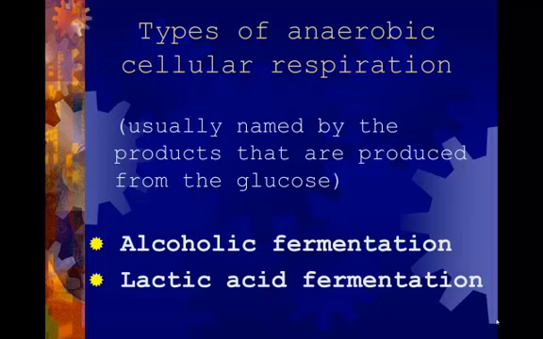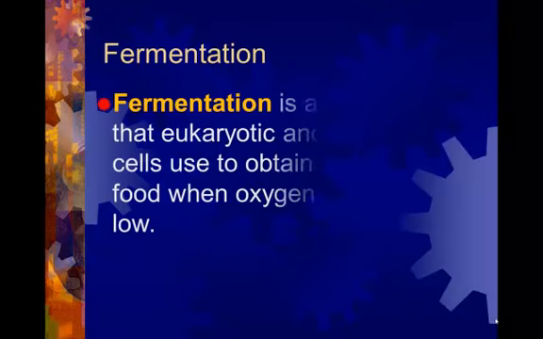That's what it means. So there are two kinds because it depends on the organism. Sometimes alcohol is a byproduct, and sometimes lactic acid is a byproduct. They name these processes after what the byproduct is. So we're going to look at each of these.